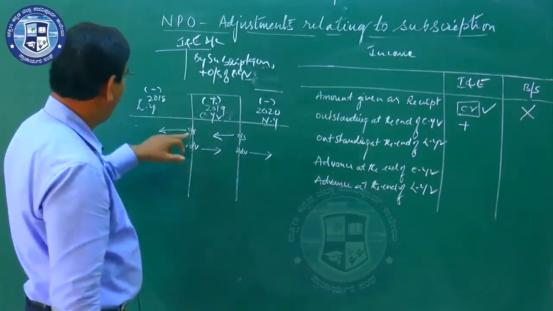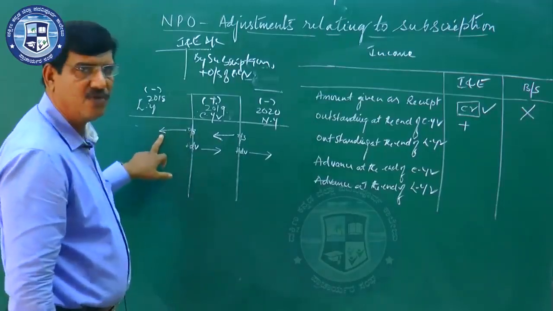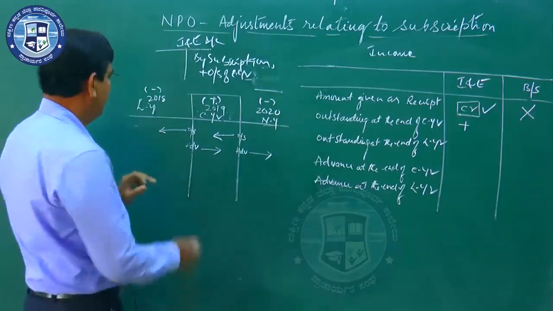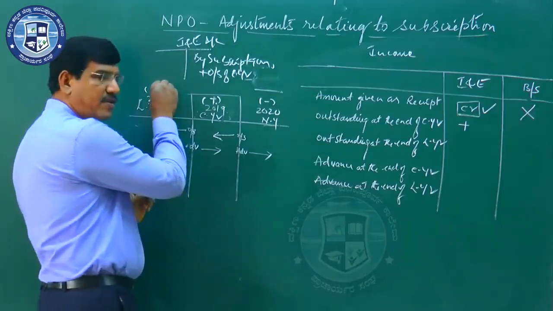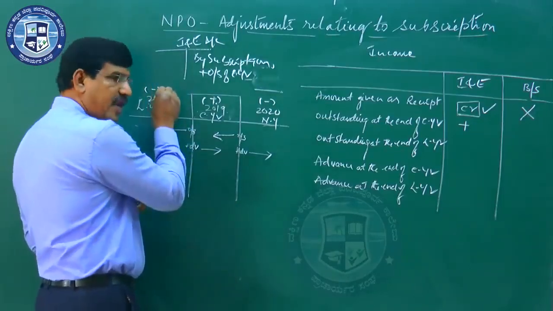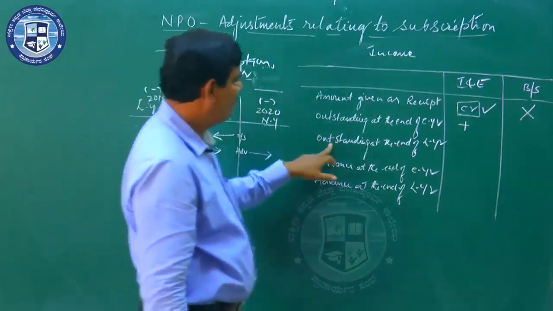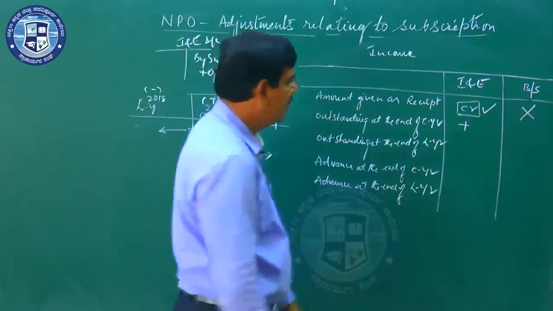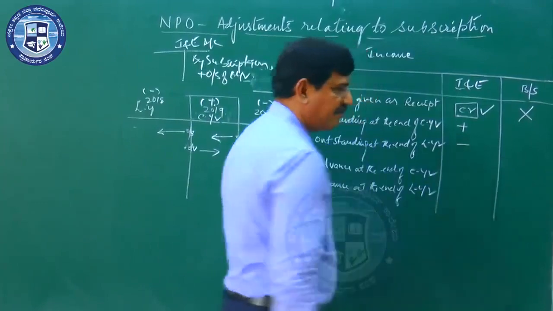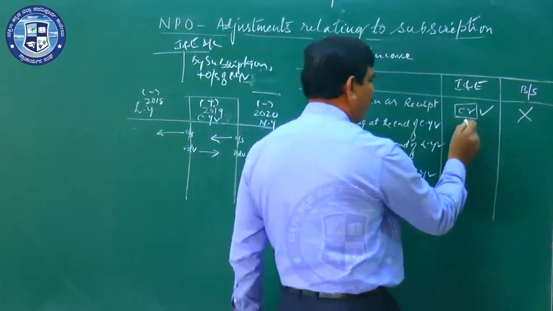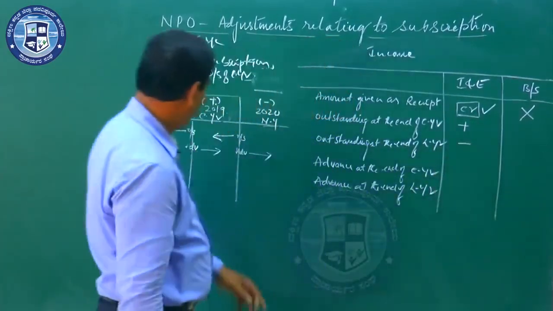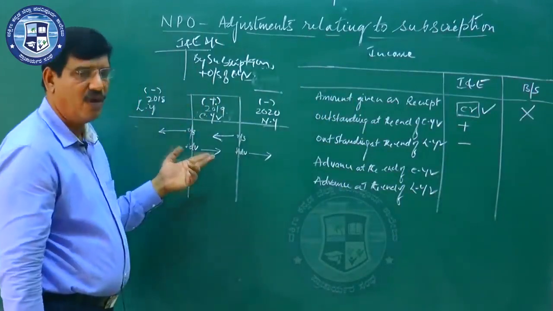Now let's look at the outstanding of last year. The outstanding of last year is added or subtracted? It is subtracted. So minus. Outstanding at the end of last year, it is minus. So the treatment of outstanding items are over. Now let's see the nature of advance items.